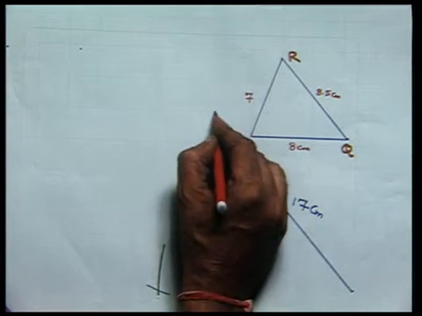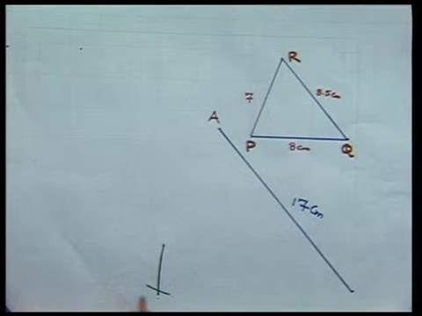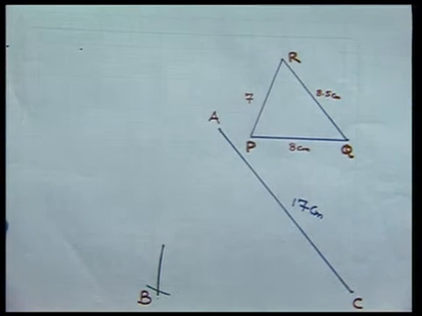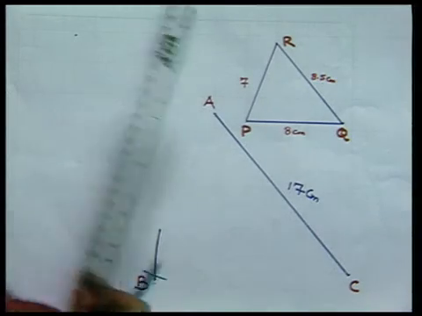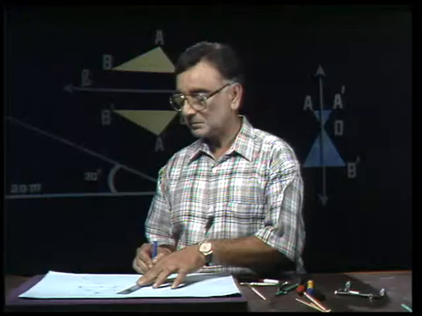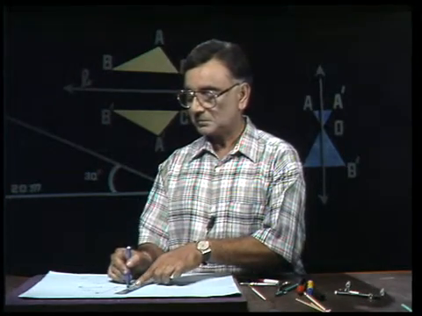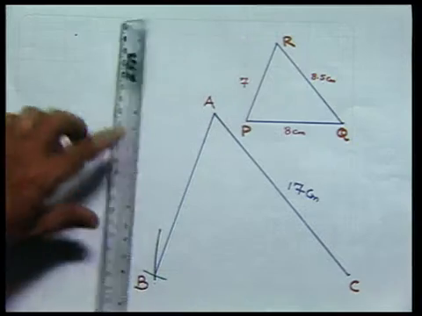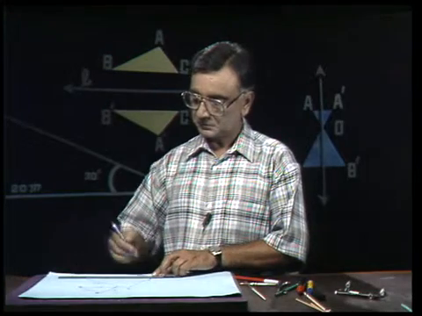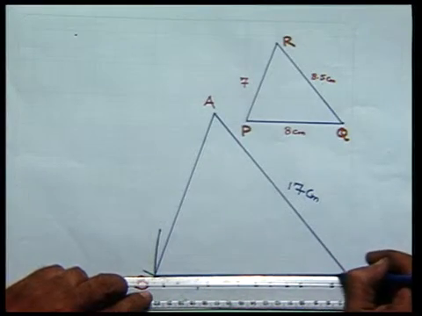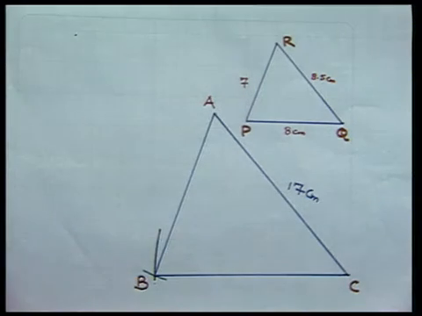Let us name these points as A, this point as B and this point as C. Now, completing this triangle, so here we get the triangle ABC.